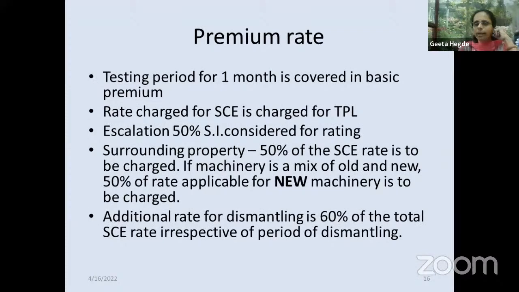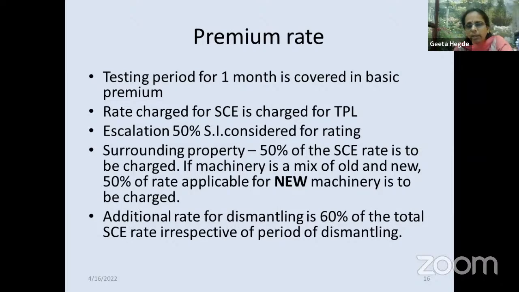Testing period for 1 month is covered in the basic premium. We are charging 1 + 1 month period, first slab of premium. So testing period for 1 month is covered in the basic premium. Rate charged for storage cum erection is charged for TPL also, same rate. Escalation is maximum 50%. 50% of the rate or 50% of the sum insured is considered for rating.